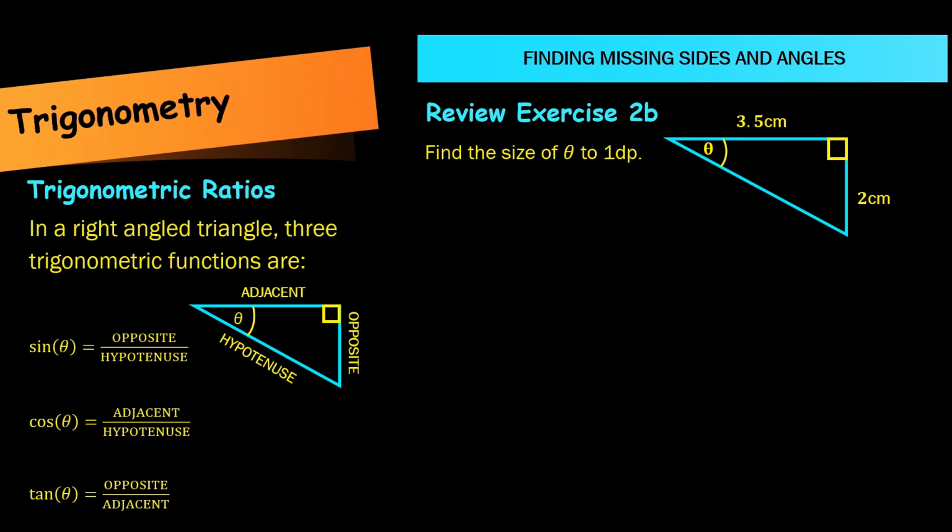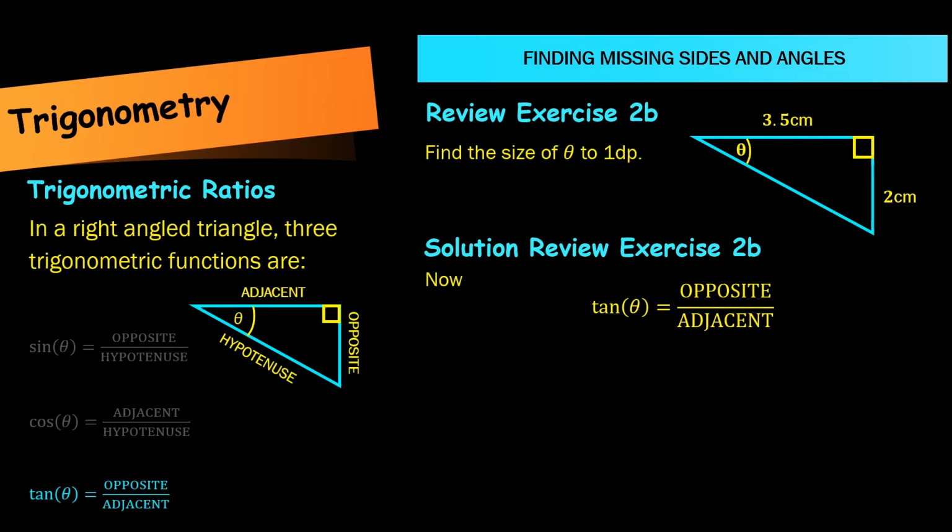Since we have the opposite and the adjacent, we need to use the formula for tan, so tan theta equals opposite over adjacent. And so if we plug in the values, we have tan theta, which is of course unknown, equals 2, which is the opposite, over the adjacent, which is 3.5.